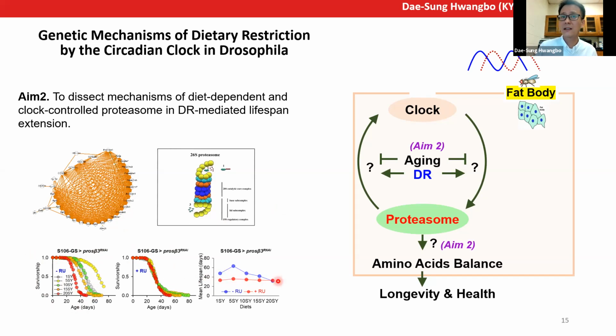So this is a clear indication that the proteasome is important for diet restriction-mediated lifespan modulation, probably affected somehow by the circadian clock. So we're trying to understand the mechanism, how diet interacts with some pathway to alter proteasome gene expression. This is the second aim.